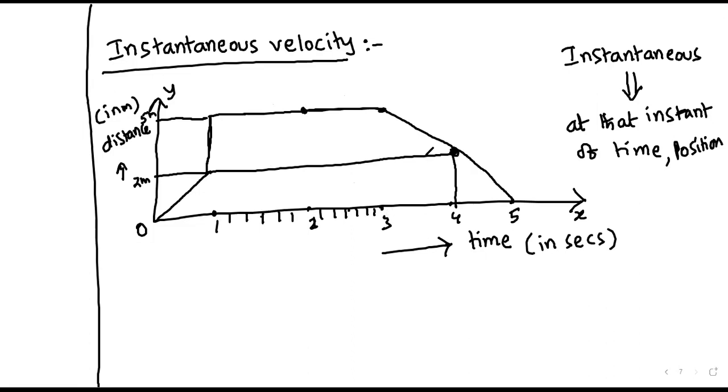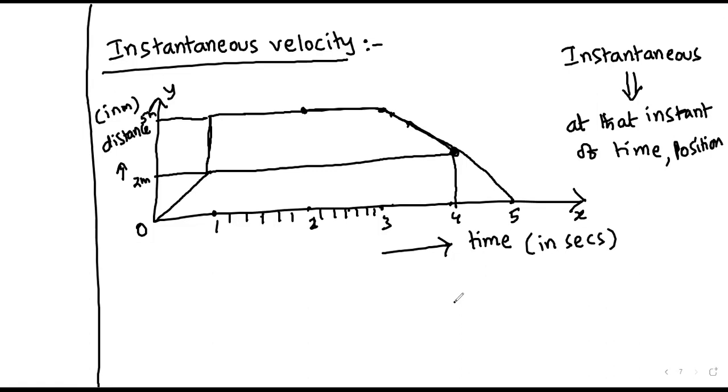In between 3 to 4, the particle is decreasing its distance, so it depends upon the time. For 3.1, we have approximately 4.9, and at 3.2 it decreases to 4.8 or 4.7.